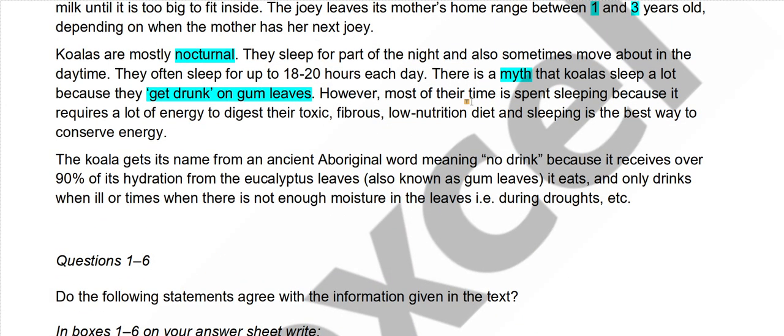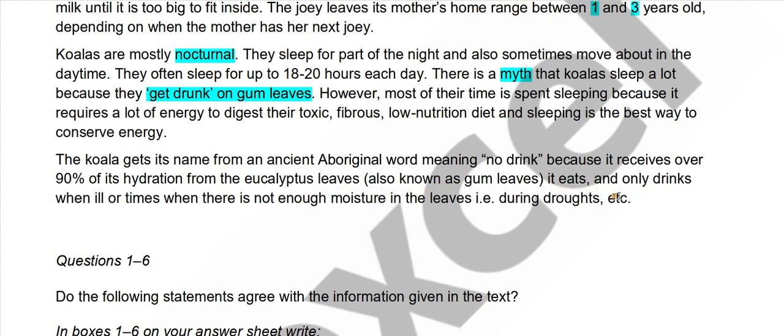However, most of their time is spent sleeping because it requires a lot of energy to digest their toxic, fibrous, low nutrition diet, and sleeping is the best way to conserve energy. Koala gets its name from an ancient Aboriginal word meaning no drink because it receives over 90% of its hydration from eucalyptus leaves, also known as gum leaves.